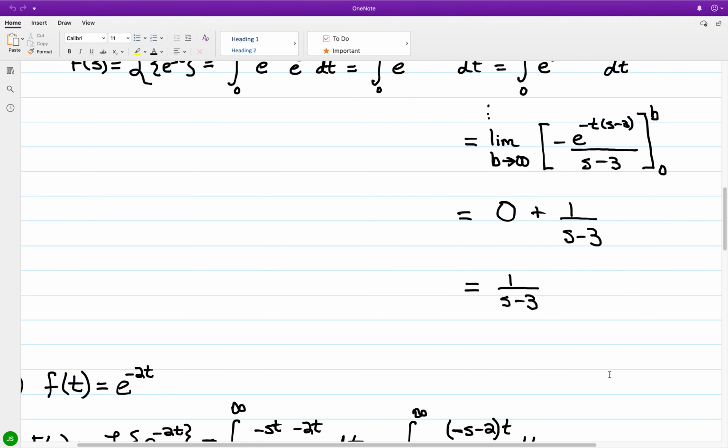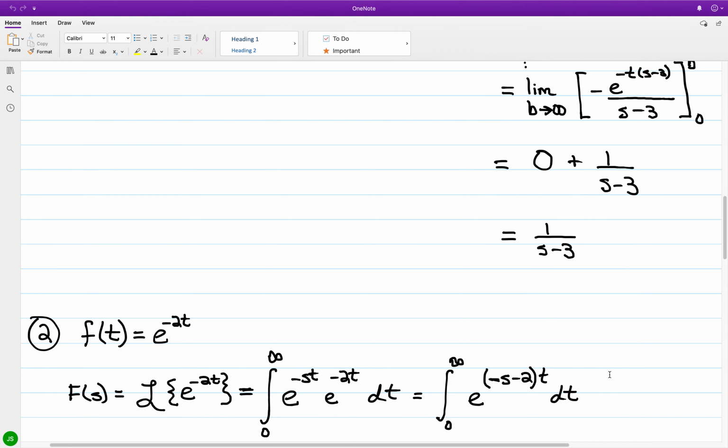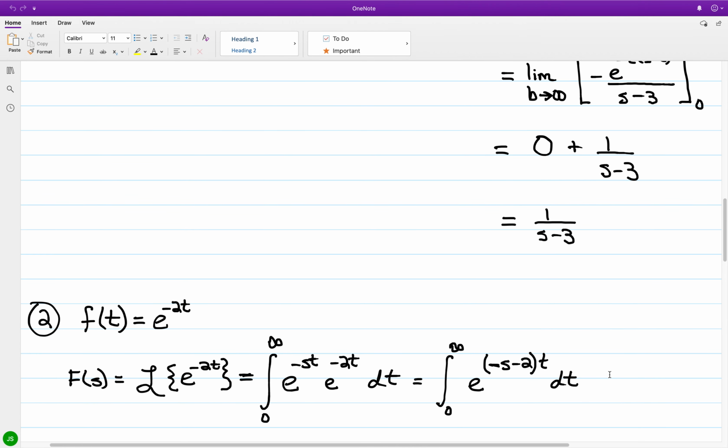In the case of f of t equal to e to the negative 2t, same bit of history.